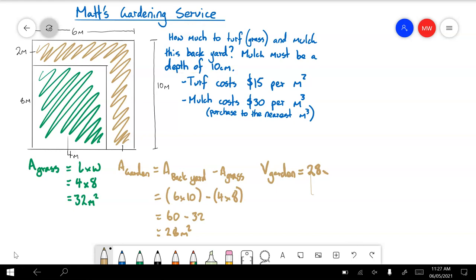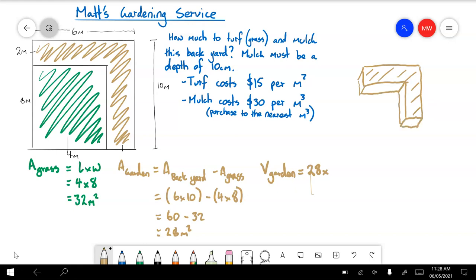Now, if you think about the garden as being a three-dimensional shape, so if I draw it over here, we know that the area, which is the part that I've drawn now, is going to be 28. And then we need to think about its depth, because purchasing mulch is a volume.